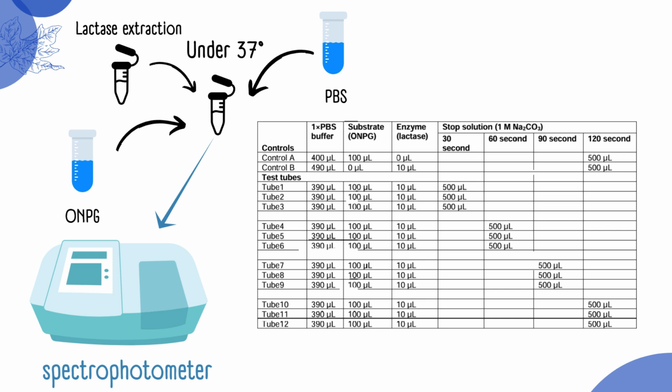After each time interval, the reaction was stopped by adding sodium carbonate. The absorbance of the resulting solution was measured at 420 nm using a spectrophotometer. Control reactions were also performed to account for any non-enzymatic hydrolysis of ONPG or background absorbance. The results show that lactase does have the ability to speed up the reaction.